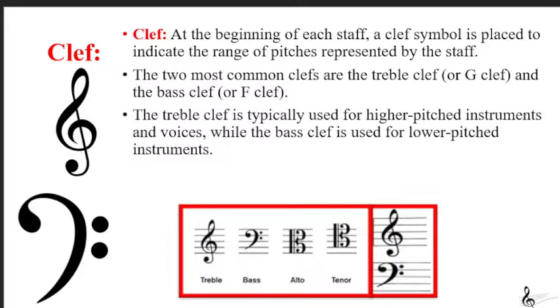A clef symbol is placed at the beginning of each staff to indicate the range of pitch represented by the staff. The two most commonly used clefs are the treble clef, which is the G clef, and the bass clef, which is the F clef. The treble clef is typically used for higher pitched instruments and voices, while the bass clef is used for lower pitched instruments.